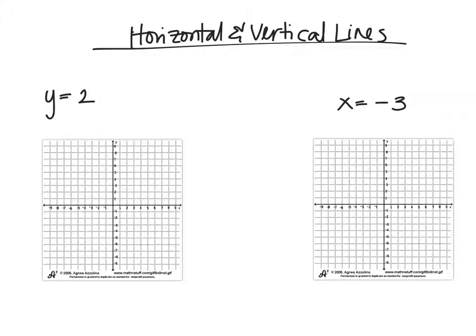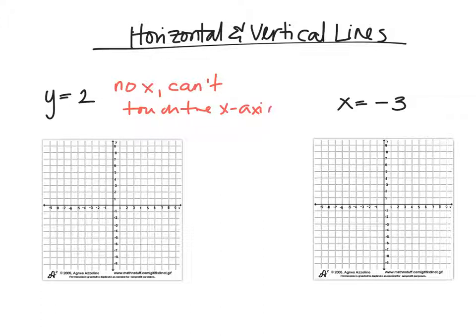All right, so the last thing I want to show you is how to graph those horizontal and vertical lines that we talked about, the ones that have 0 slope and are undefined. So our first line here is y equals 2. And I like to notice that there is no x in this equation. This is not like y equals 2x. It's just y equals 2. So there's just a y value and there is no x. In my mind, I think there's no x, so this can't touch the x-axis.